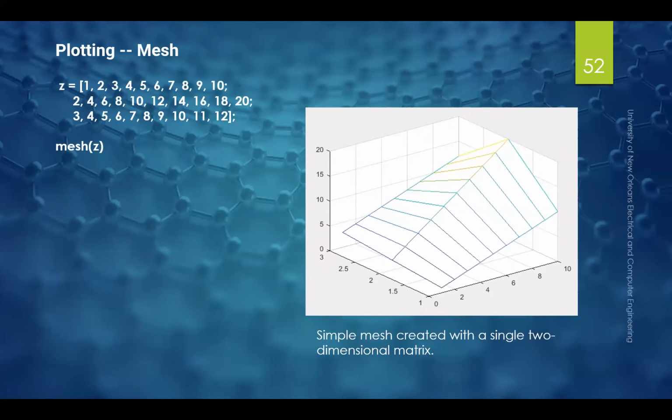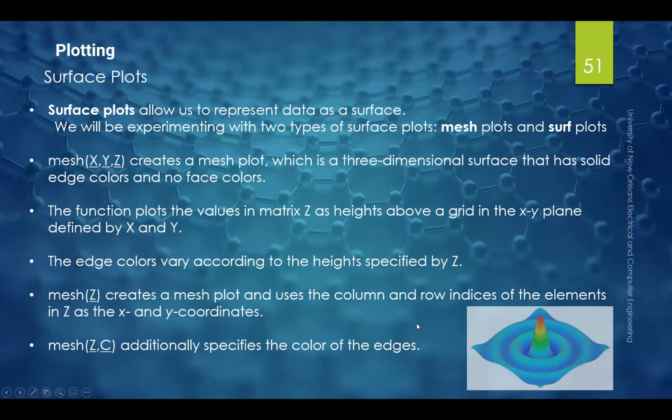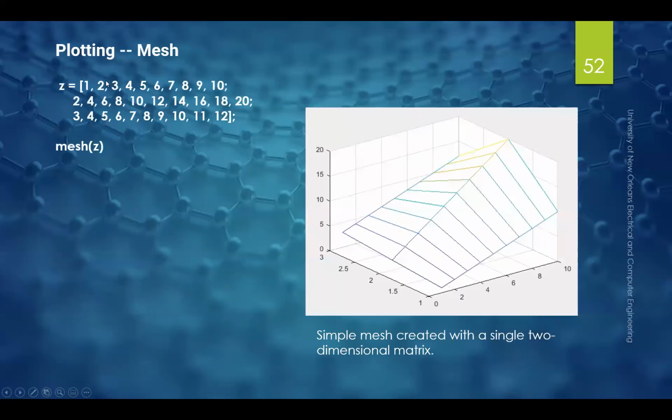In this case, I have a variable Z with 3 rows. And in the case of mesh Z, I'm using one variable Z, and that variable contains columns and rows, right? It's going to take them as the X and Y coordinates.